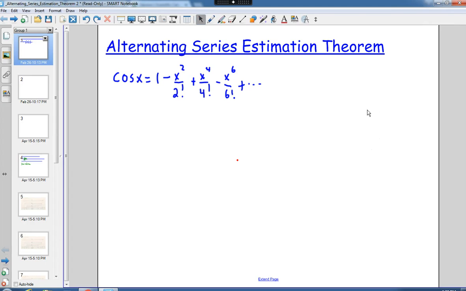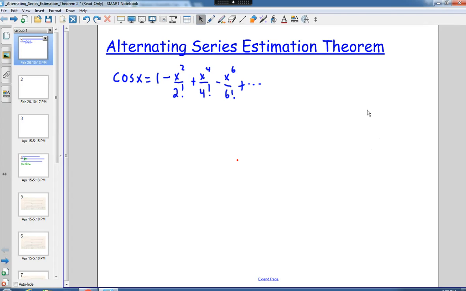Now, those two particular tools are helpful to perhaps evaluating functions like cosine and sine or e to the x, which are difficult to evaluate without the aid of a calculator. But there's still a fundamental problem with trying to add up an infinite number of terms. Unless your series is geometric, this is very, very difficult to do.